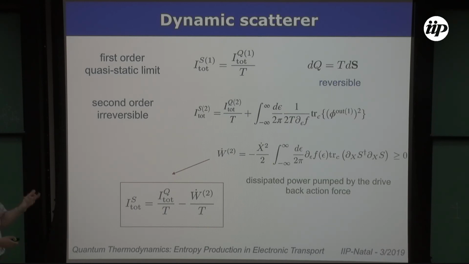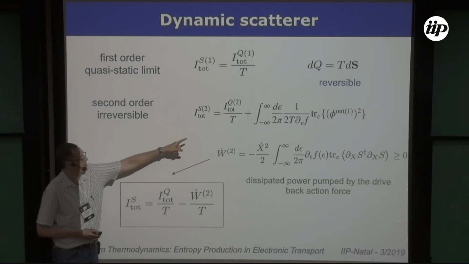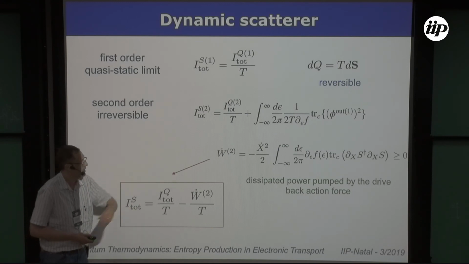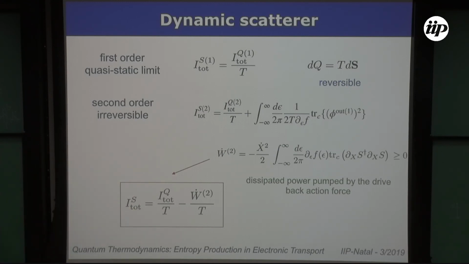Working out what comes next, we can associate this extra term with the dissipated power pumped by the drive. This is basically a back action force, and this is the correct expression that one has to obtain. So this is what comes out of the calculations.